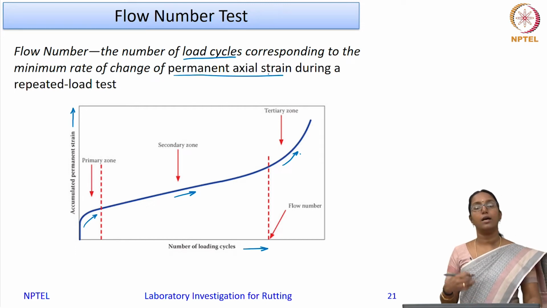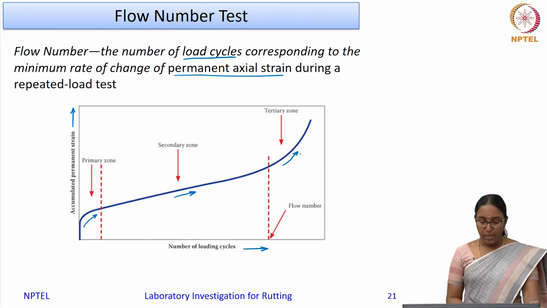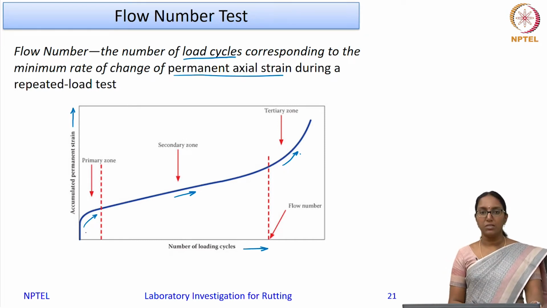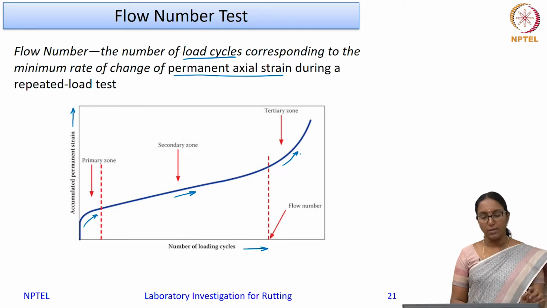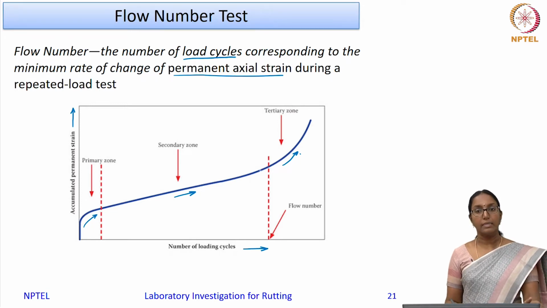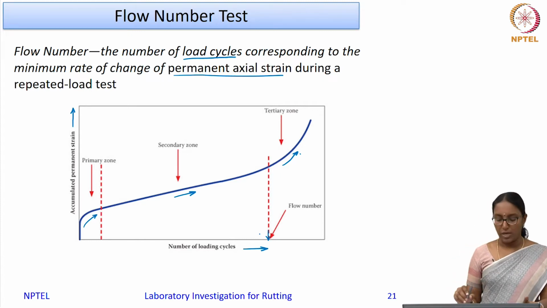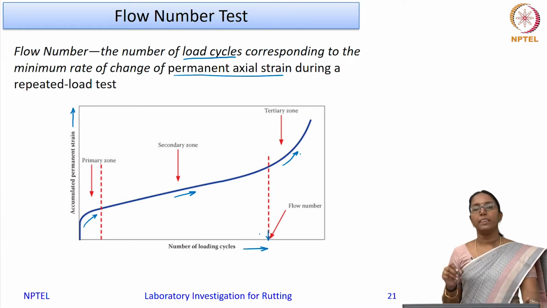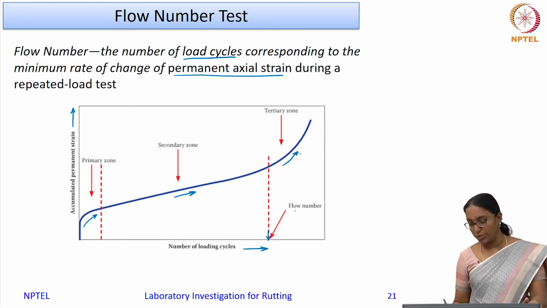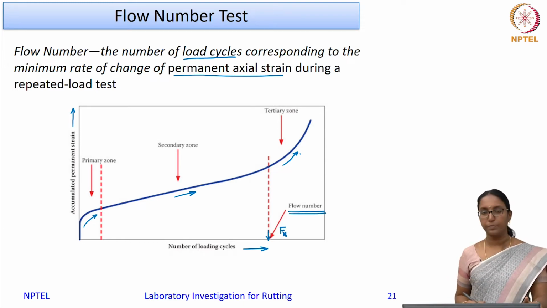As I said, here the rate of change of permanent strain increases at a decreasing rate, then it goes to a constant rate, and then it starts increasing. The point at which it starts increasing, which is the minimum rate of change of permanent strain, that number of cycles is called the flow number, Fn.